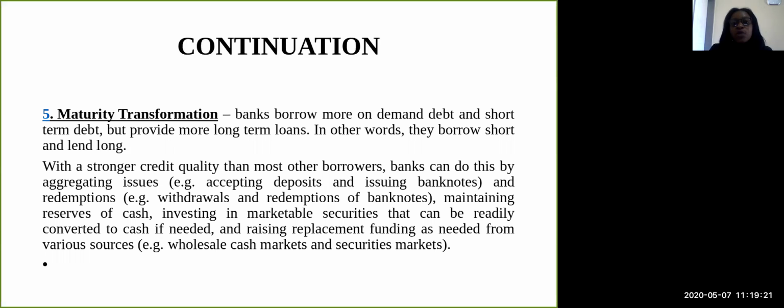With a stronger credit quality than most other borrowers, banks can do this by aggregating issues, for instance, accepting deposits and issuing banknotes and redemptions, like withdrawals and redemption of banknotes, maintaining reserves of cash, investing in marketable securities that can be readily converted to cash if needed, and raising replacement funding as needed from various sources, for instance, wholesale cash markets and securities markets.